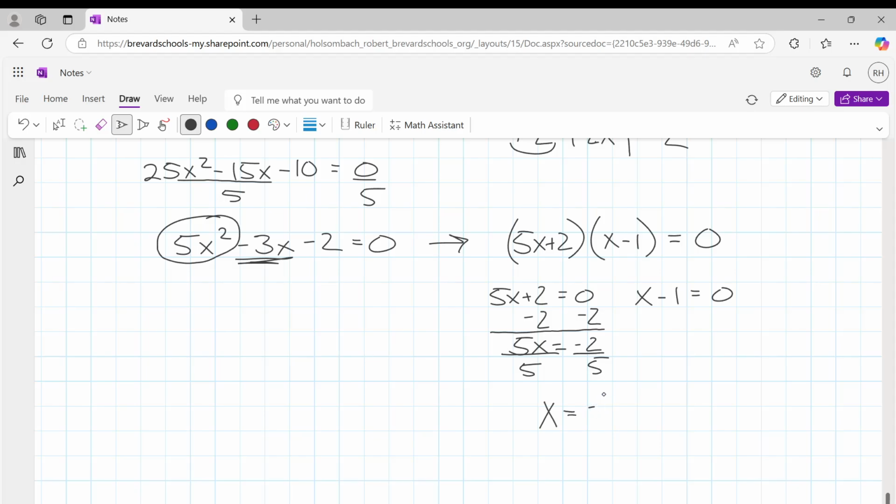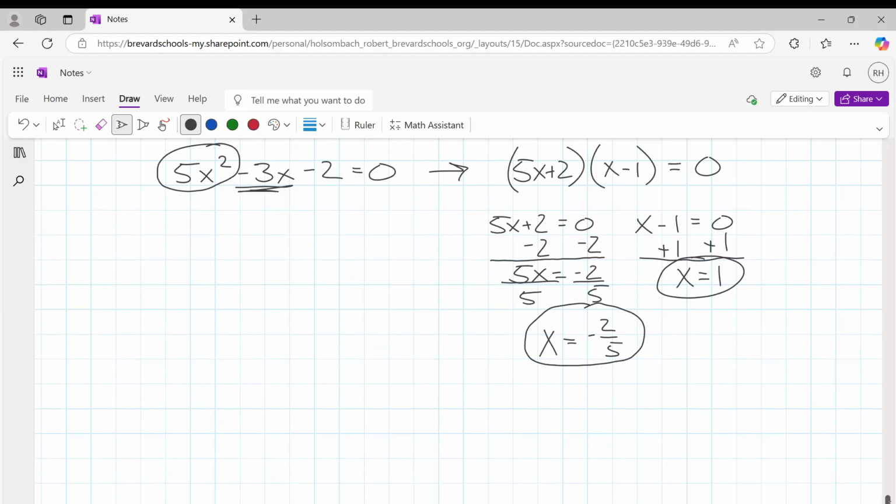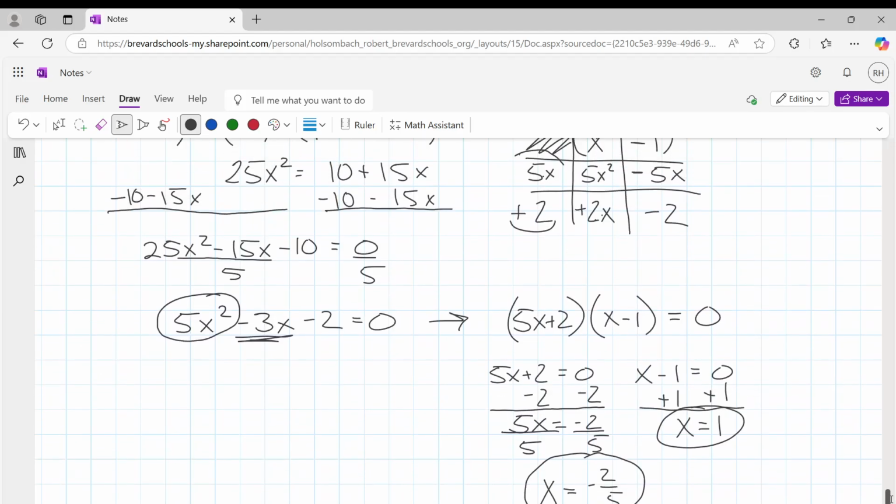We get an x equal to negative 2/5, and an x that's equal to 1. And then again, you'll have to take both of these solutions, plug them back into the original equation where the x is, and eliminate any extraneous solutions.